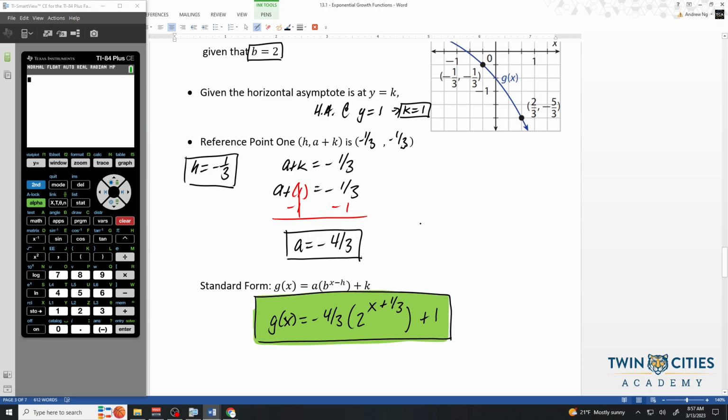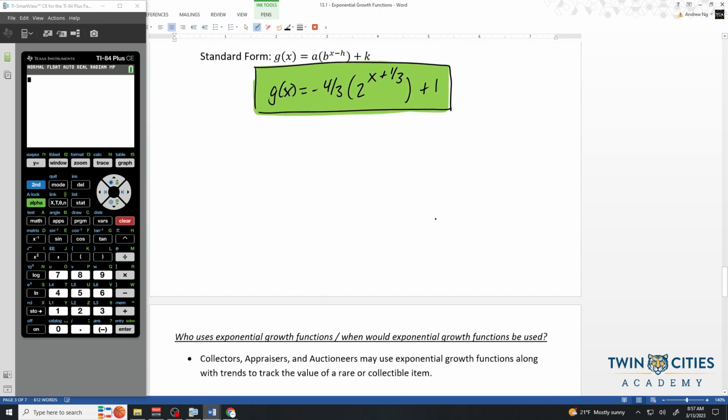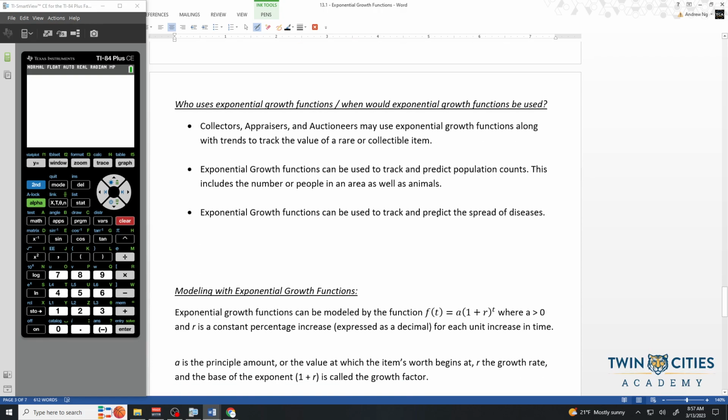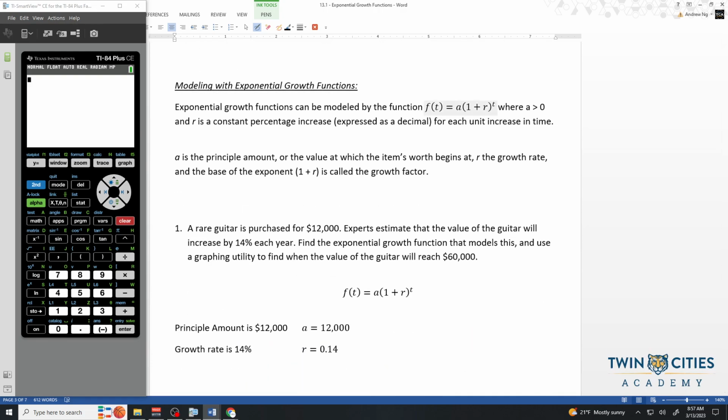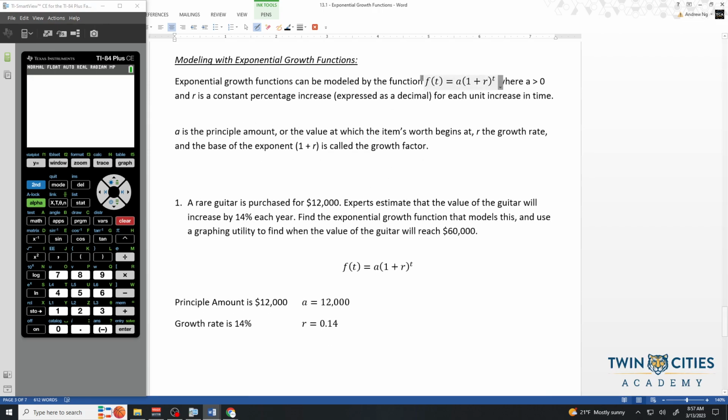All right, let's do one more of these. Oh, actually, it looks like I'm just going to go right to a modeling problem. So it says exponential growth functions can be modeled by f of t equals a times 1 plus r to the t, where a is greater than 0 and r is the constant percentage increase.